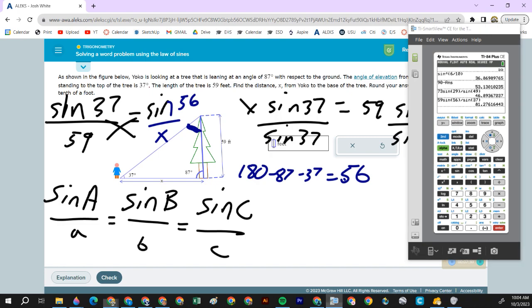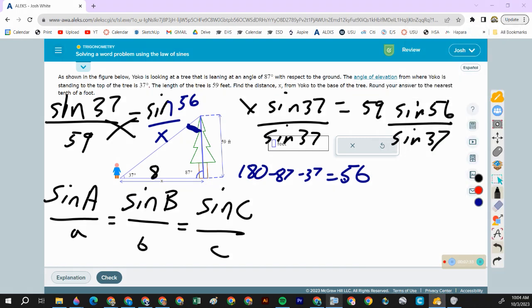Now, is that reasonable? Well, this is a 37-degree angle, and it creates a side of 59. This is a 56-degree angle, and it creates a side of 81.2. The bigger the angle, the bigger the side. So that is totally reasonable.